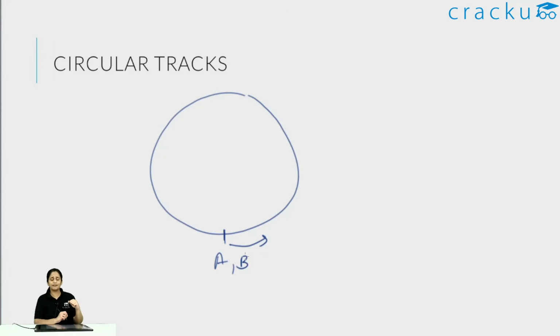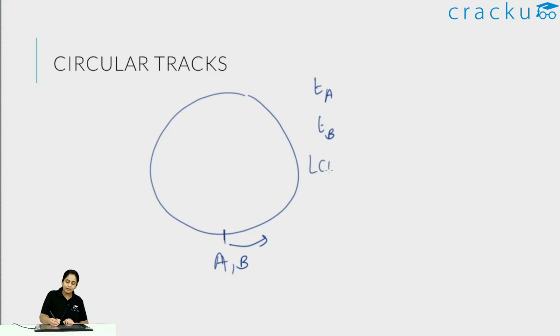The point is that whenever you have to figure out the number of times somebody is meeting on a circular track, remember, if you have to consider when 2 runners or 3 runners meet at the starting point, you have to say that TA is the time taken by A to complete one lap, TB is the time taken by B to complete one lap, and so on.